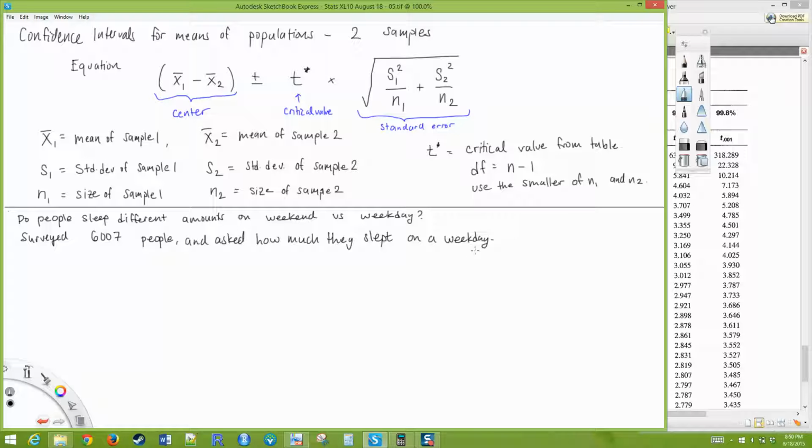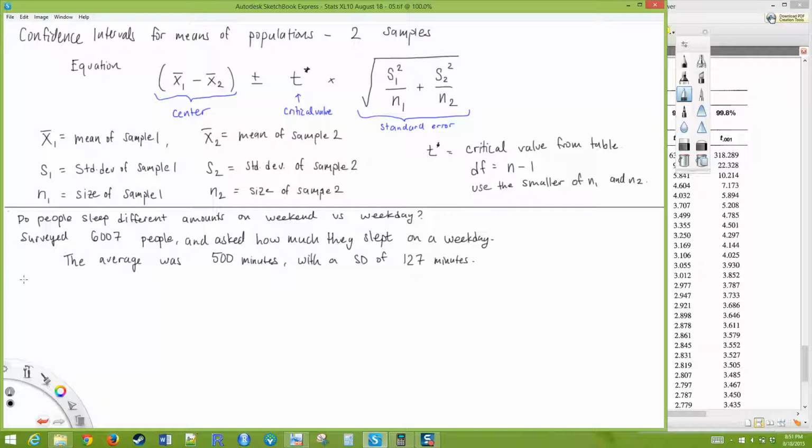Okay, and so the average of these 6,007 people was 500 minutes, okay, with a standard deviation of 127 minutes. Okay, so 500 minutes is about 8 1/3 hours. Okay, 8 hours, 20 minutes.